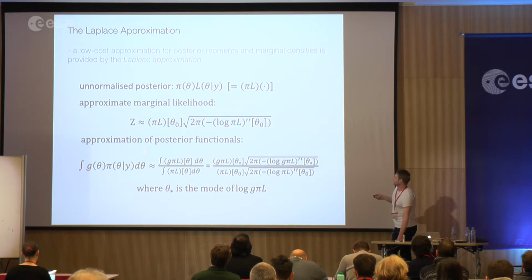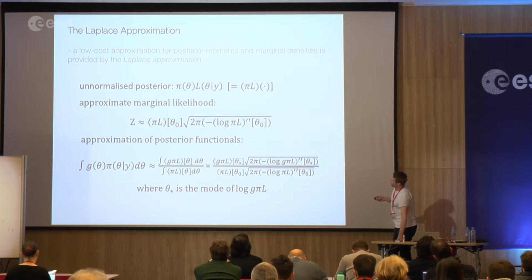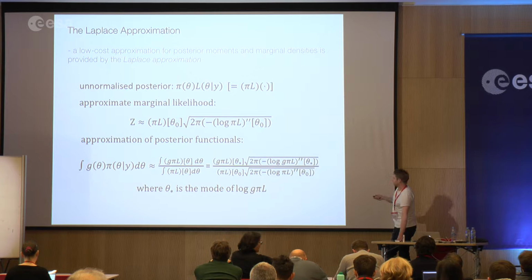We can also use it to approximate various other functionals of the posterior. By functional, I mean if you take the posterior and you want to know the expectation of some function of the parameters with respect to the posterior, it's an integral of that function against the posterior density. We can do this by applying two Laplace approximations, one on the numerator and one on the denominator.